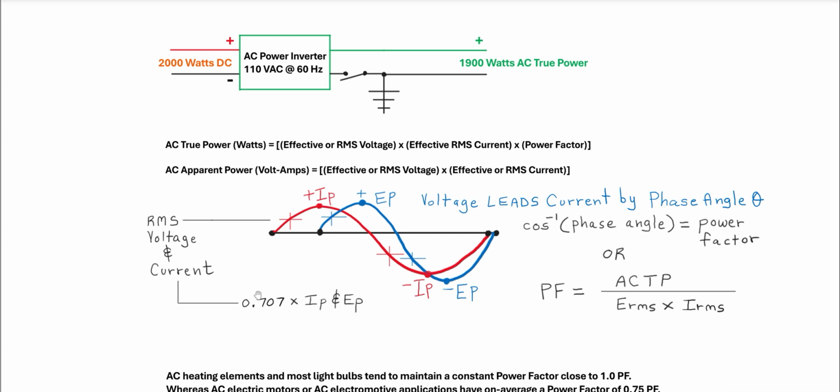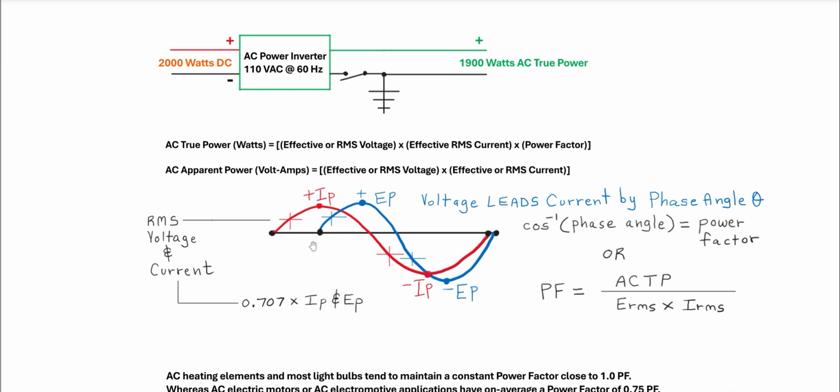So if you took 1 over 0.707 times your 110, you would get something like positive 153 peak volts, then negative 153 peak volts, and then on, negative, positive. And so you get to extract the root mean square effective voltage and current, which is exactly 0.707 of the peak. So you're getting that 110 volts as 0.707 of the peak volts.